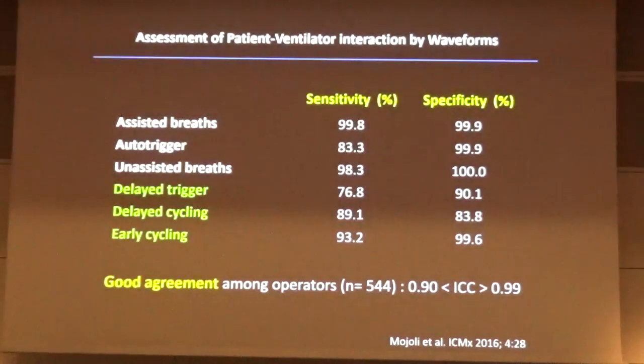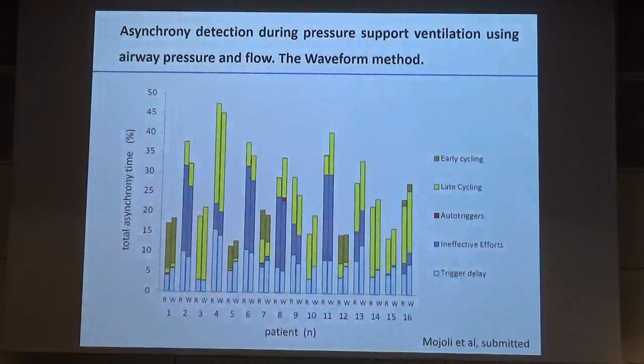So adopting a systematic method based on these and a few other simple rules, after some training, it's possible to detect both major and also minor asynchronies at the bedside. And this is especially important when we want to personalize treatment in our patient.